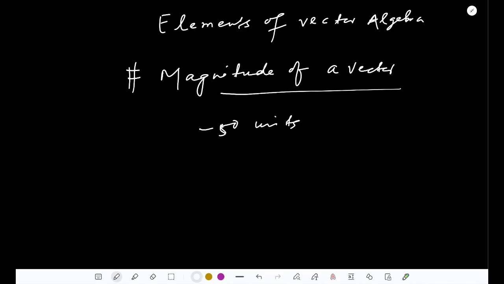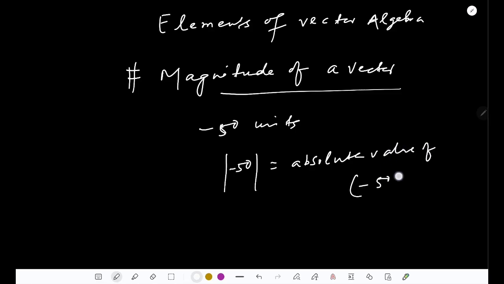And the mathematical symbol for indicating the magnitude of a quantity is a set of vertical lines including the quantity. You can write the magnitude of the measure minus 50 units simply like this, and this should be read as absolute value of minus 50 units, and this will come out simply as plus 50 units.